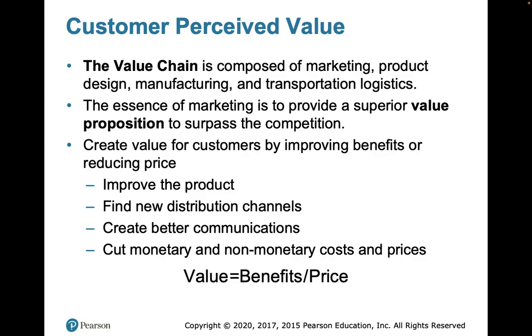These are things people look at: their marketing, how the product is designed, how it's manufactured, and the transportation logistics, how these products are easily accessible, directly to the people who sell to the customers, or to different parts of the world where they are being patronized.